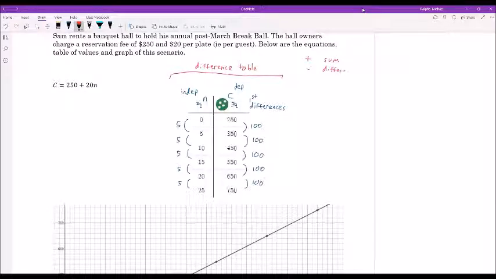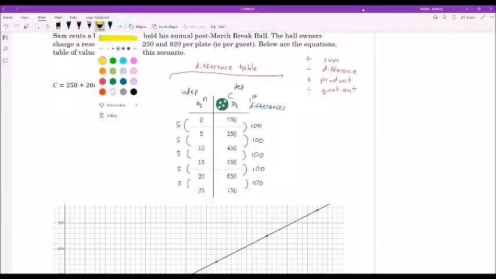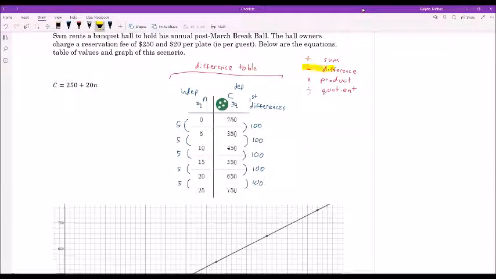The answer to a multiplication question is a product. And of course, the answer to a division question is a quotient. Okay, so this is a difference table because what we're actually looking at is the differences between consecutive values.